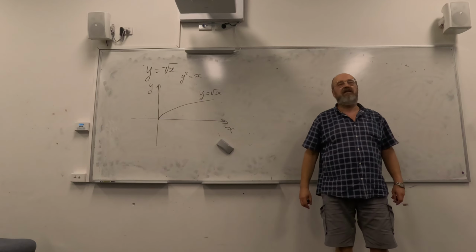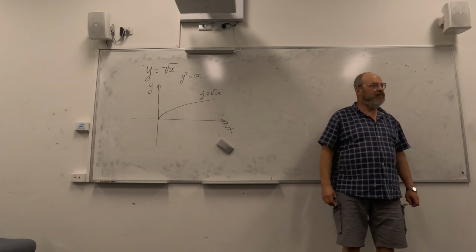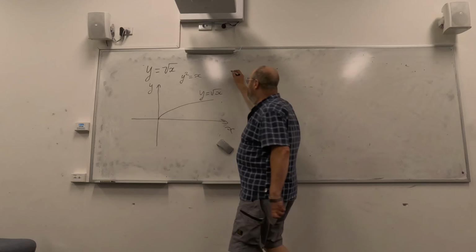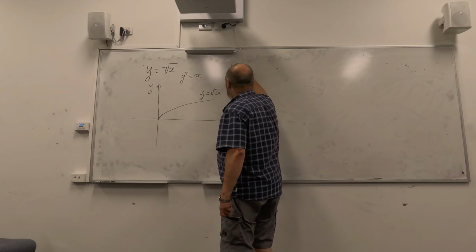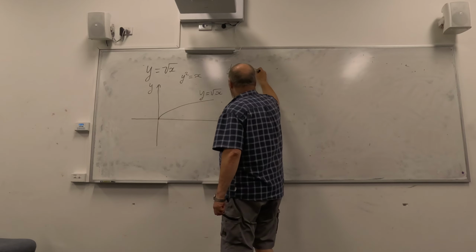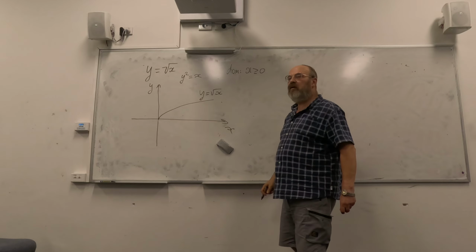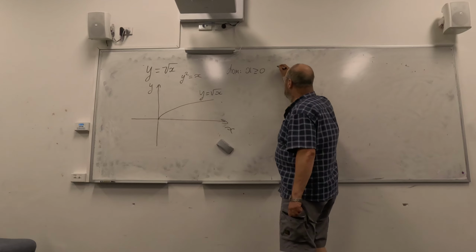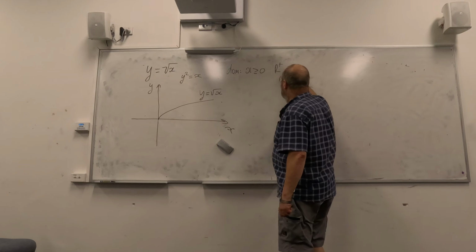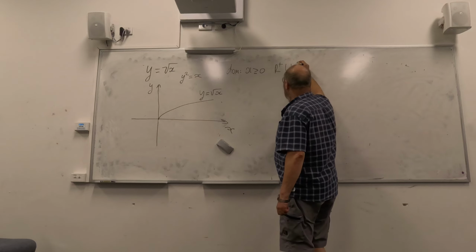So what is its domain? The domain is x greater than or equal to 0, or using the set notation we can write a plus union 0.